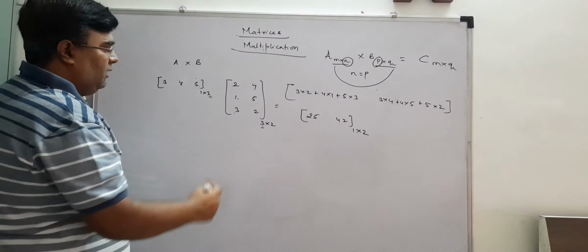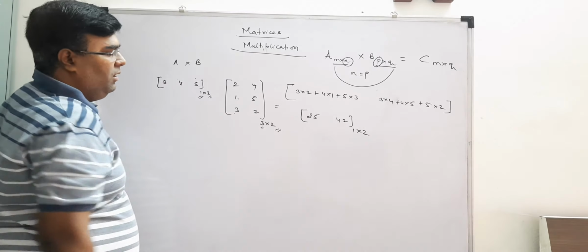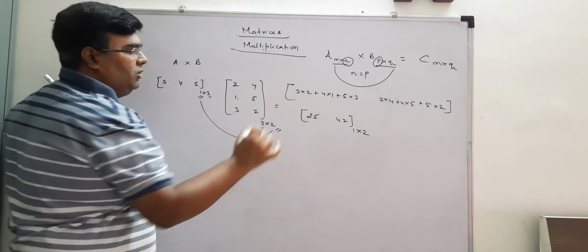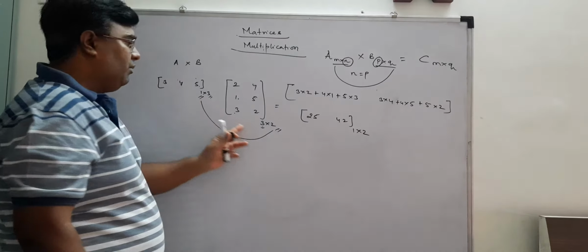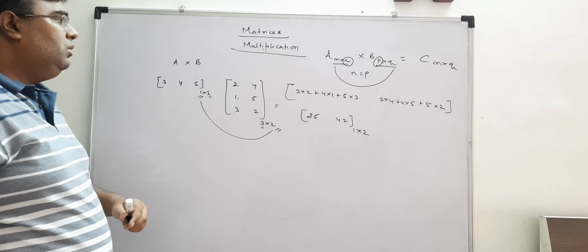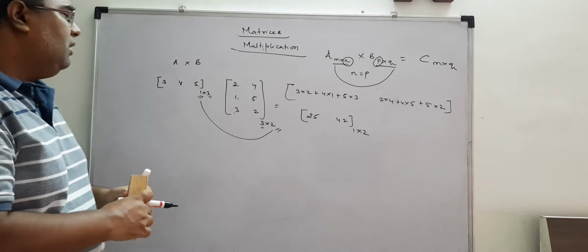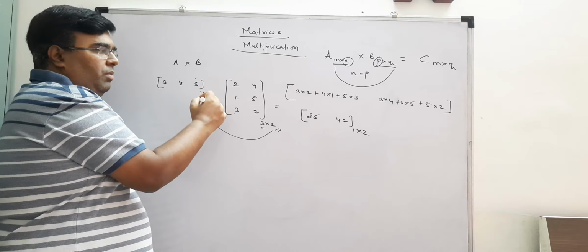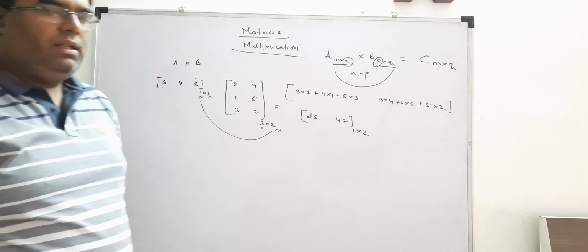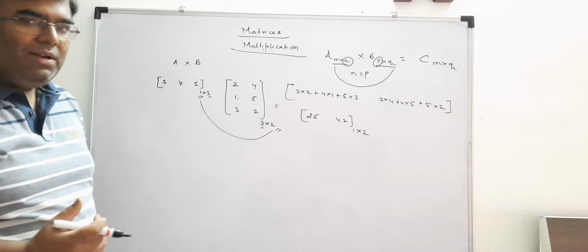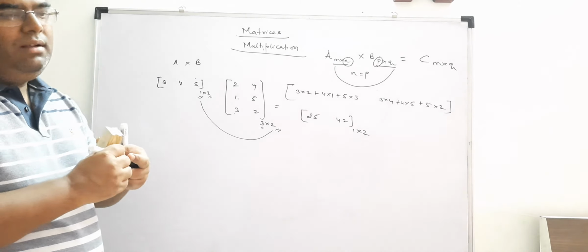Check this: just like m by q, you got 1 by 2. So this way you can do the multiplication. It is similar for any kind of matrix, but you need to check that the columns of the first matrix equal the rows of the second matrix, and you can multiply in the same way. If you have a 3 by 3 matrix, then you will get a 3 by 3 matrix only, and the calculation will be larger.